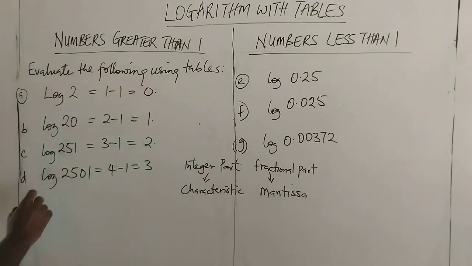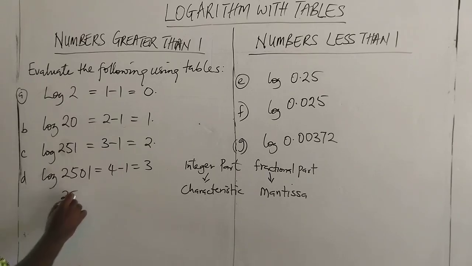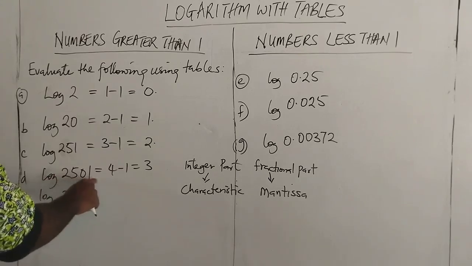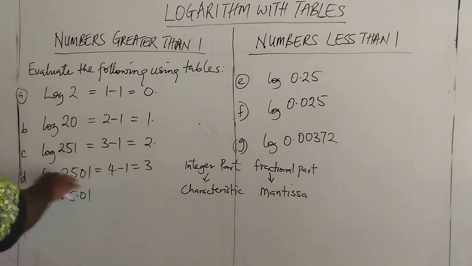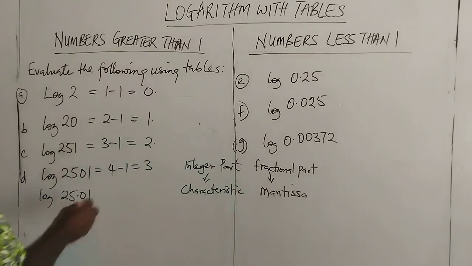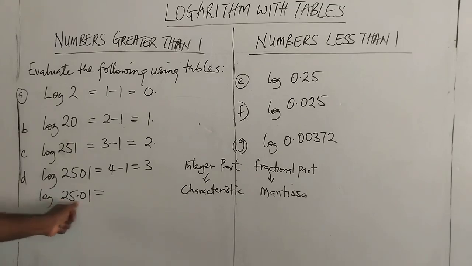Now, what if you have a number like 25.01? You are asked to find the log of this one. For example, this one is 2501. Everything is whole number here, but here it is 25.01. What will be the characteristic of this one? Look at the whole number part, the integer part. How many digits are there? Only 2 digits.